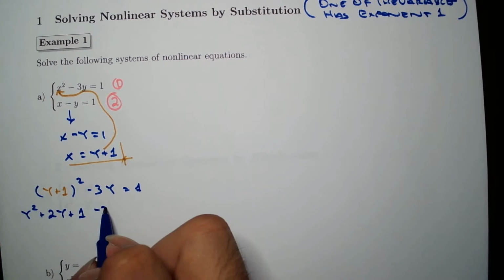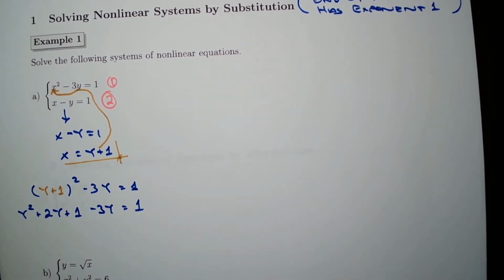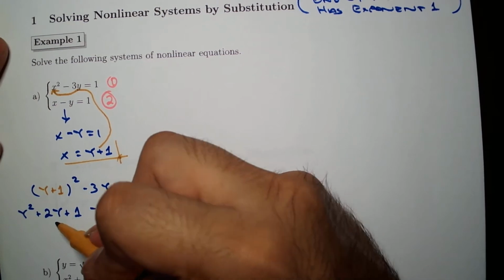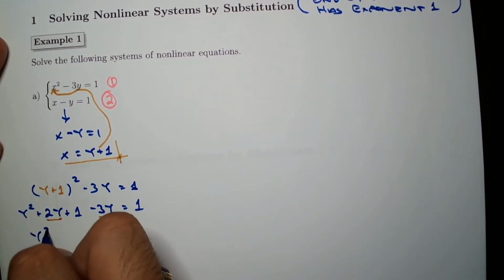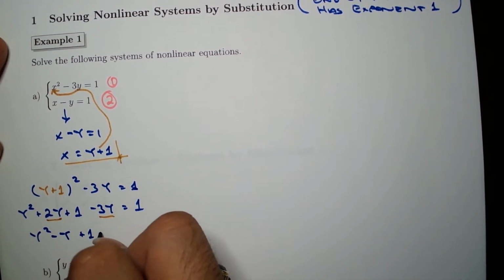And then minus 3y, keep writing the remaining terms. It would be a good idea to combine like terms. Well, what are we going to have here? 2y minus 3y. That's going to give us y squared minus y plus 1 equals 1.